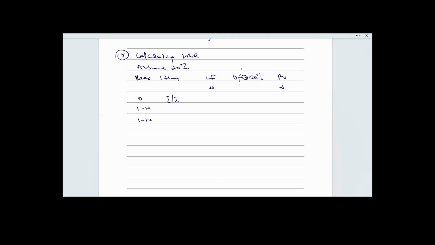Initial investments, contribution, then production costs. 4,800, 1,440, then 360. So please go ahead, give me annuity factor of year 1 to 10 at 20%.